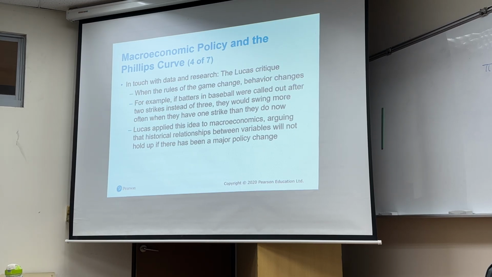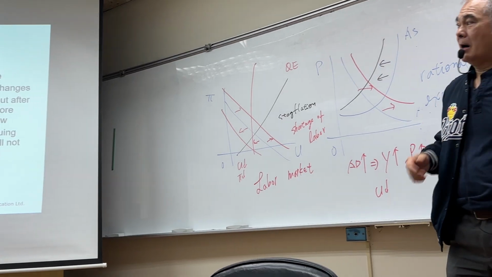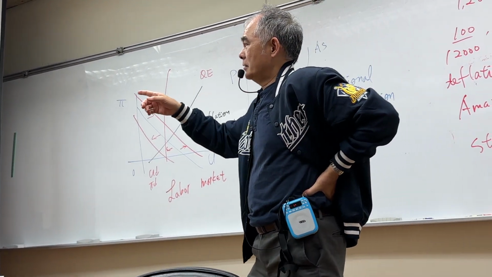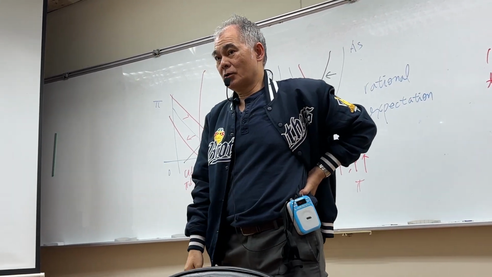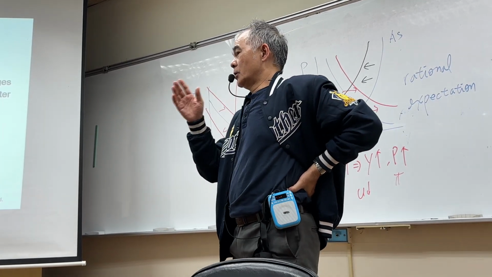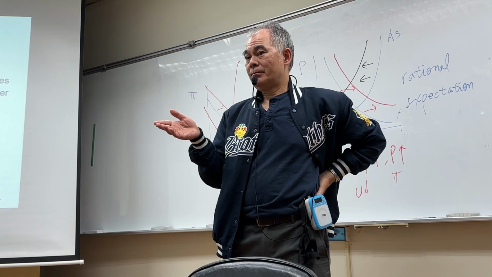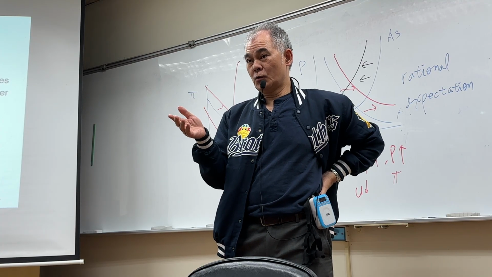So, the Lucas critique. Who is Lucas? Lucas is an economist, and he is a Nobel laureate. He is the representative of rational expectations. He said the rules may change, and when the rules change, people's behavior will change as well.